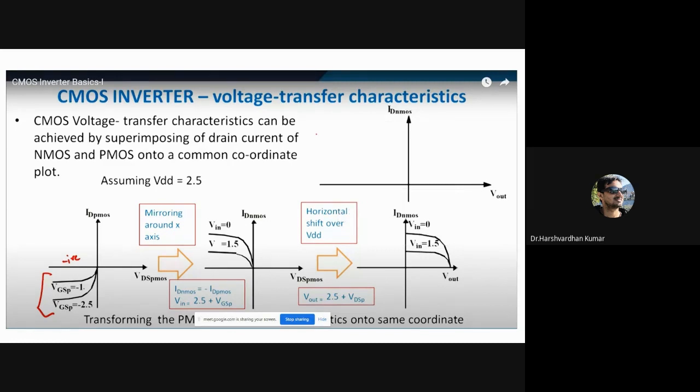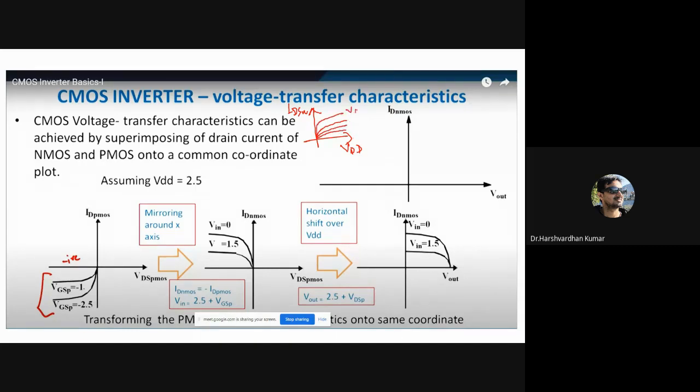We know very well the IV characteristics. Let us say this is VDD and IDSN. IDSN means the drain to source current for the NMOS. If you remember, we were getting the currents like that for different VGS.